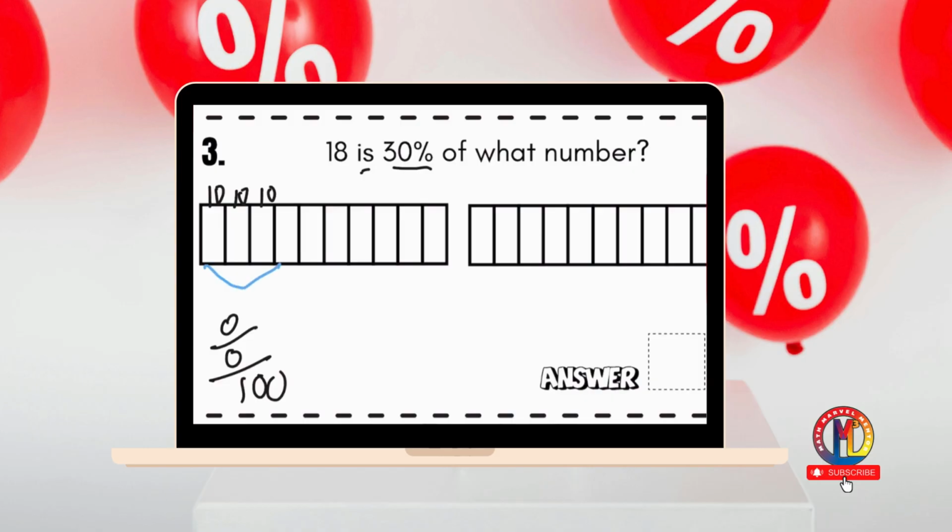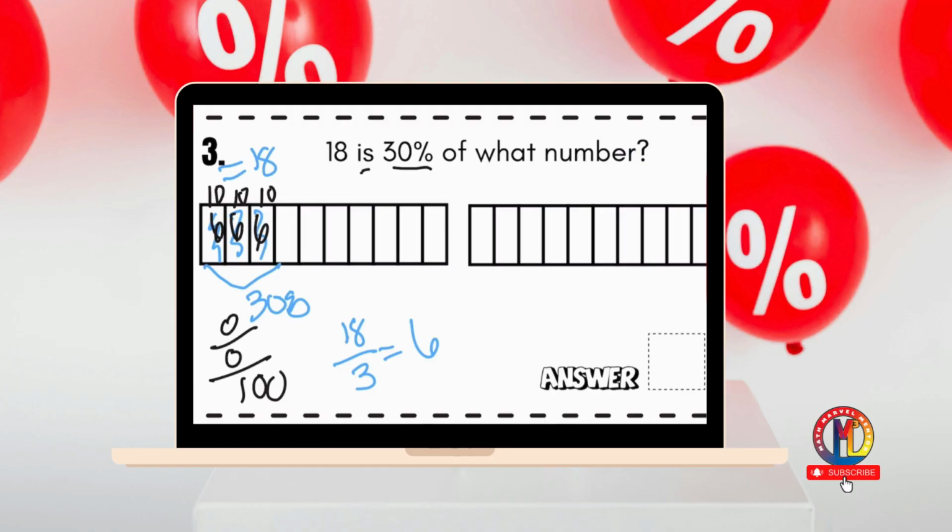So that's how I can quickly identify that these 3 bars are 30%, and that 30% equals 18. So if I have 18 and I'm using 3 bars to represent that 30%, I can do 18 divided by 3, which tells me then that the value of each bar is 6.